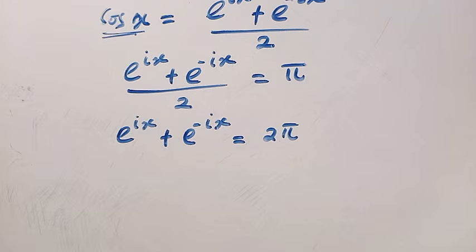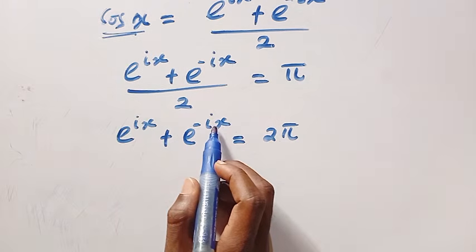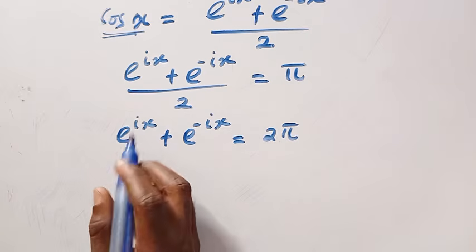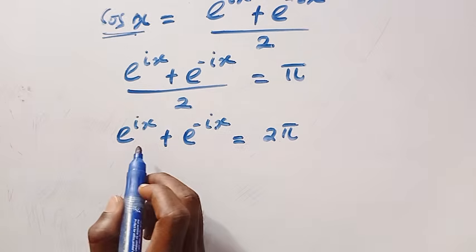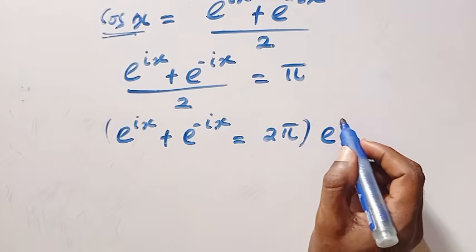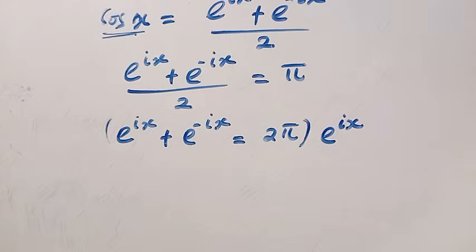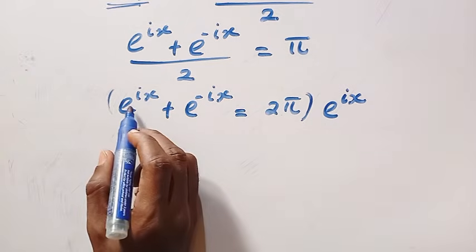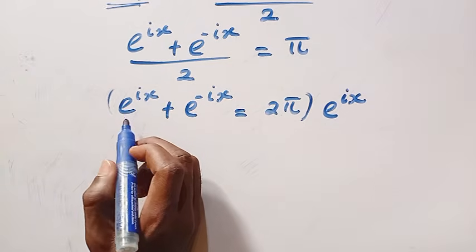Okay, this is e power of minus ix and this is e power of ix. If I multiply every single term here by e to the power of ix, we are just multiplying by e power ix.